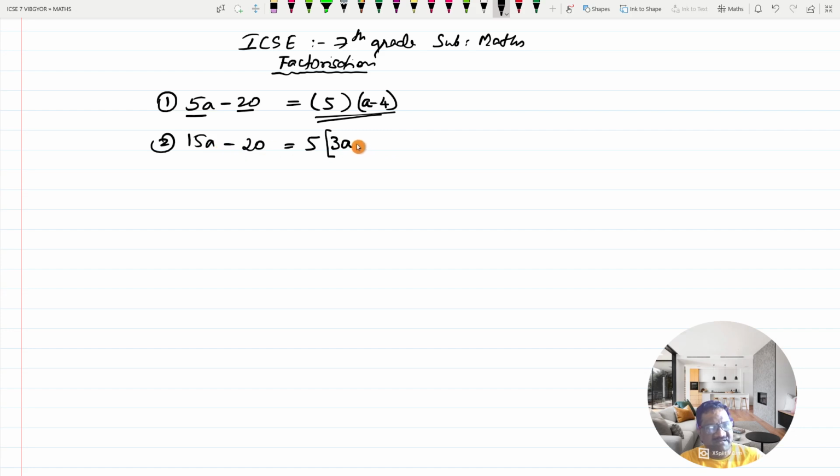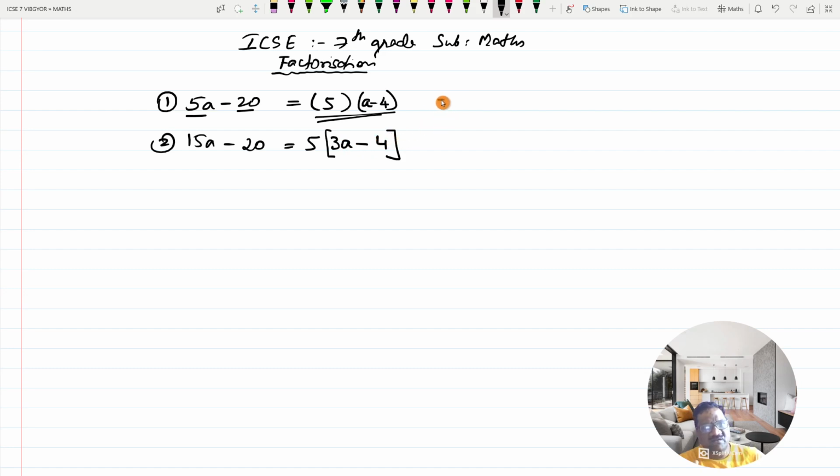Then this sign is minus, I'll put a minus sign. Then 5 is out, so 5 into how much is 20? 5 into 4 is 20. So this will be my answer. So 5 into 3a minus 4 are the factors. Okay. This is how you have to do factorization questions. All you have to think about is what common factor, and that too the highest common factor, you can remove out, and you remove that, and in the second bracket you write down what is left out.